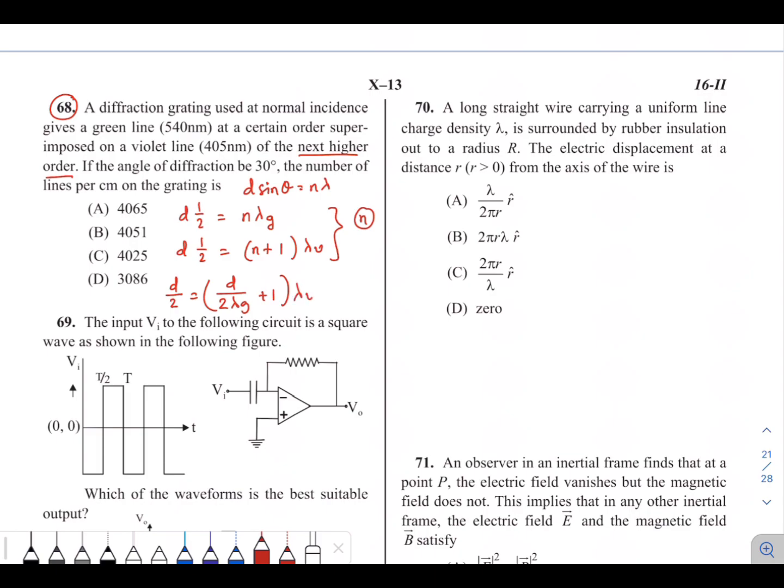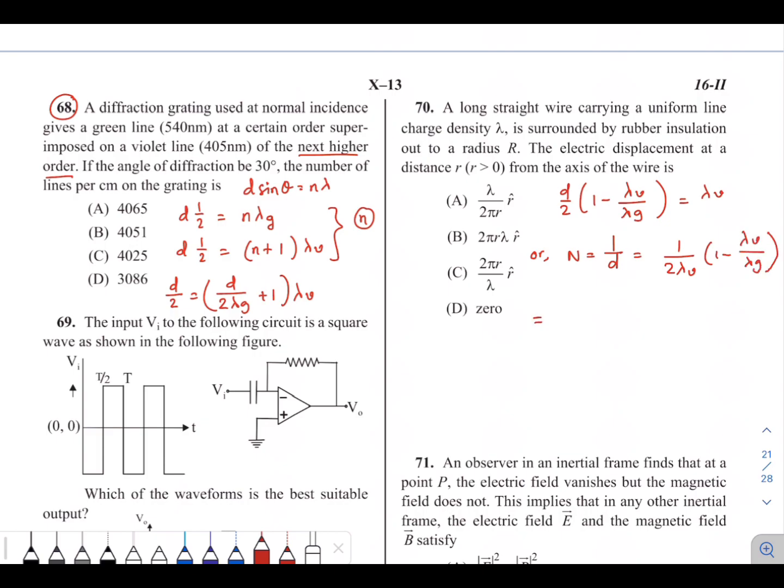plus 1 times lambda v, and this is simplified to d by 2 times 1 minus lambda v divided by lambda g is equal to lambda v. We want to calculate the number of lines, that is 1 by d, and this is equal to 1 by 2 lambda v times 1 minus lambda v divided by lambda g.